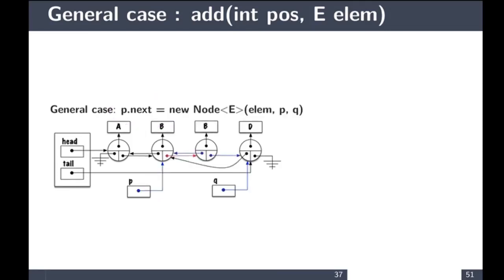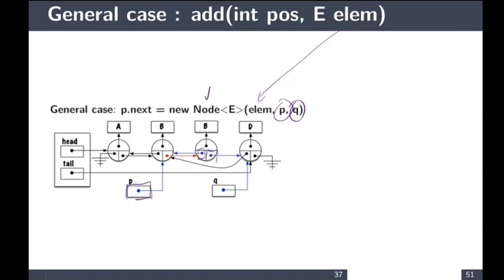I can create a new node. It stores the value of the parameter elm. The node before is P and the node after is Q. So here you see this. When the node was created, its instance variable previous is pointing where P is pointing.